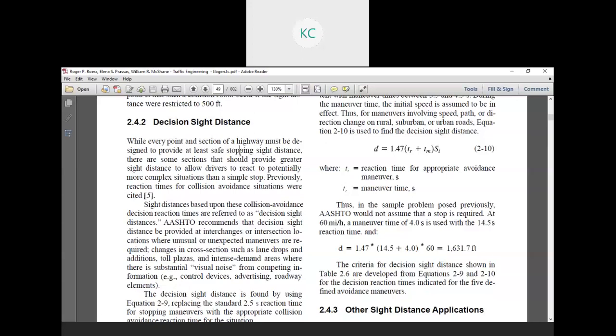So different maneuvers occur instantaneously, and the driver needs a particular kind of facility providing a stopping distance without any collision.